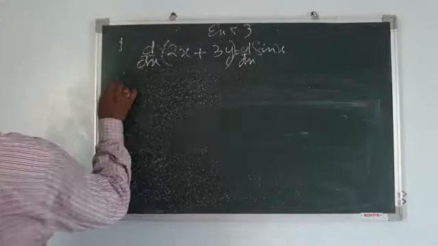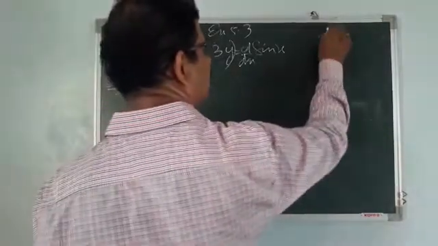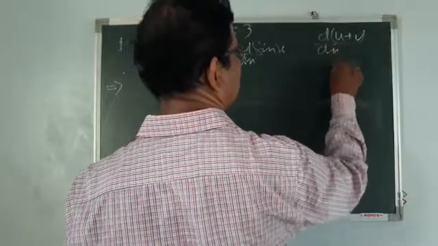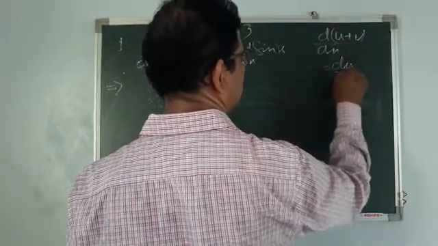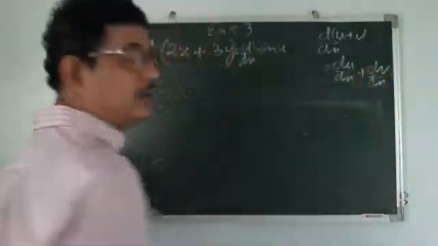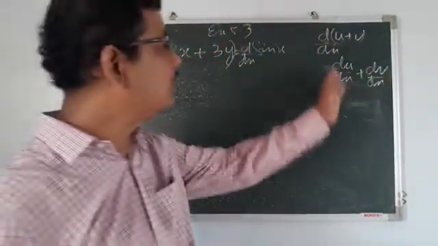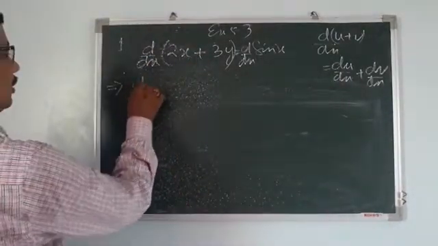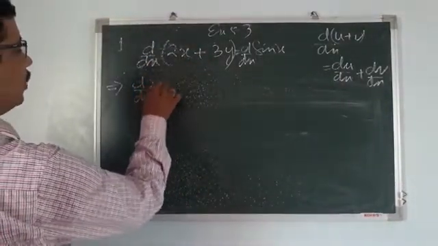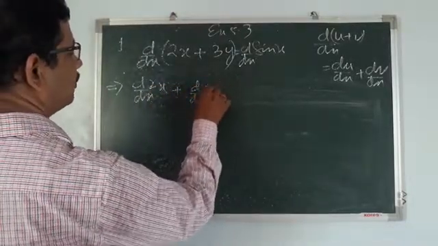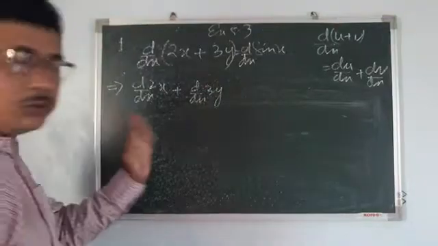Then, as we know, the differentiation of u plus v with respect to x is du/dx plus dv/dx. That is, d/dx can enter into both the terms. So here also it will enter. So we can write d/dx of 2x plus d/dx of 3y. It is the rule.